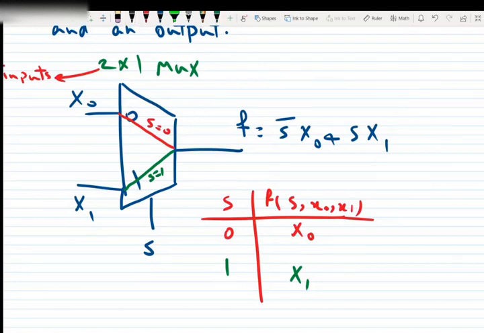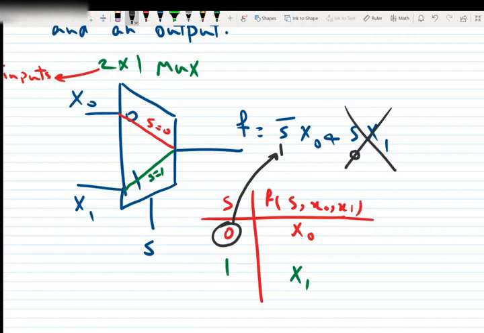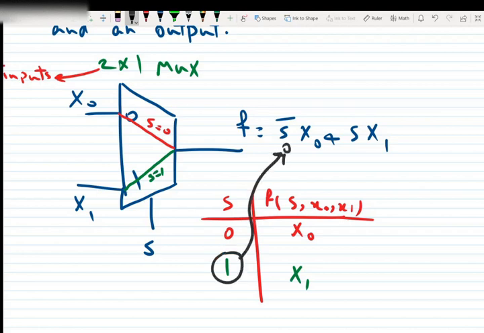We see that if S is 0, S bar is 1 and S is 0, so this term will be 0 and the output will be x0. And if S is 1, S bar is 0, S is 1, so this term is 0, and so the output will be equal to x1. Okay, so this is the function of this multiplexer.